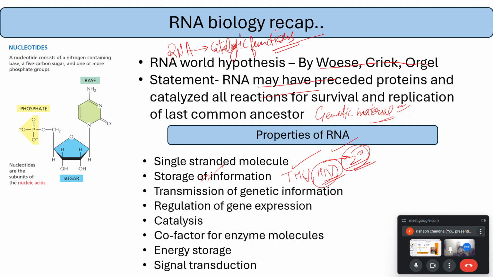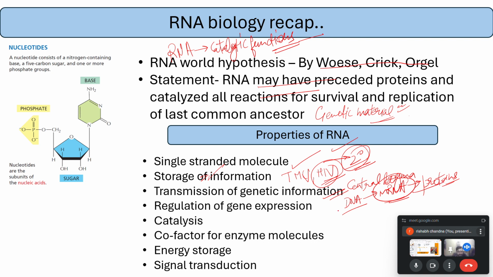It also helps in the transmission of genetic information. For example, we studied the central dogma, which states that information transmits from DNA to mRNA, followed by protein. So it is a major molecule that helps in transmission of information from DNA to proteins.